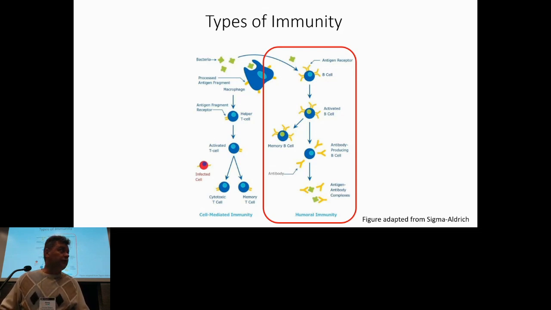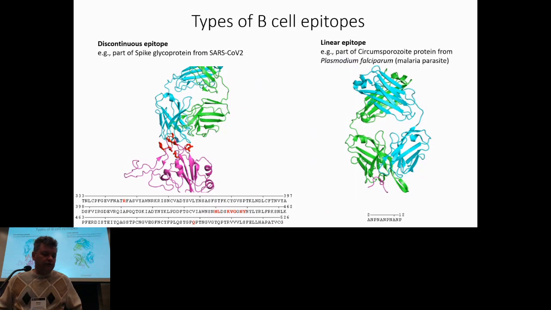So we want to predict, based on the protein sequence, what would be the potential immunogenic part within that sequence, the actual piece of that protein that B cells bind to, which determines the B cell epitopes. There are two types of B cell epitopes.